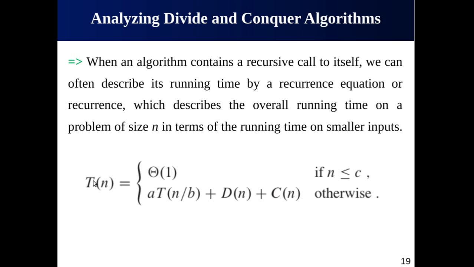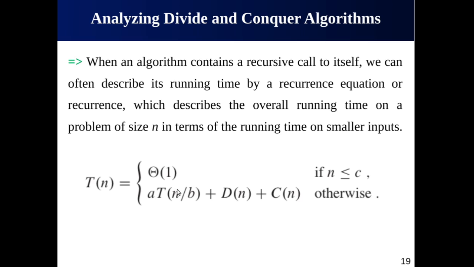Suppose we have a problem, so we need to divide that problem into subproblems. Each subproblem has size n by b. Now we take into consideration that both a and b are 2, meaning we divide the problem into 2 subproblems.